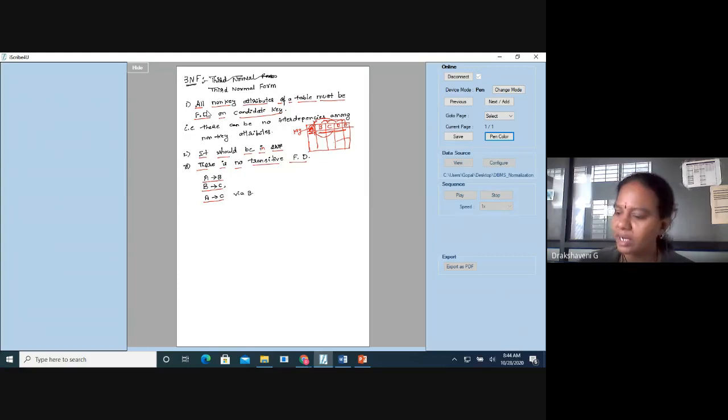That is the first point. Then it should be in 2NF, and there is no transitive functional dependency: A determines B, B determines C, then A determines C via B. Now let us take one small example and see how we can satisfy this.